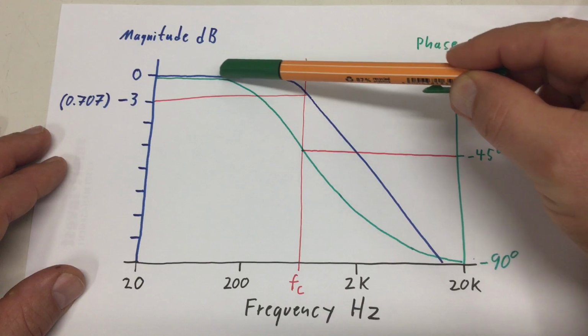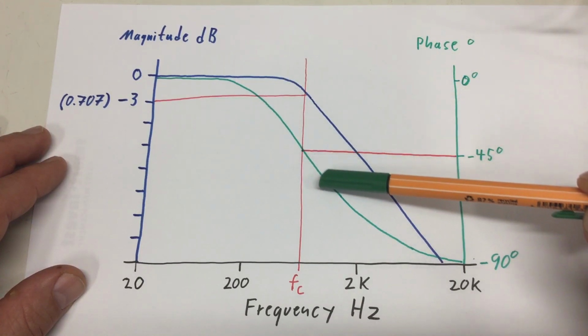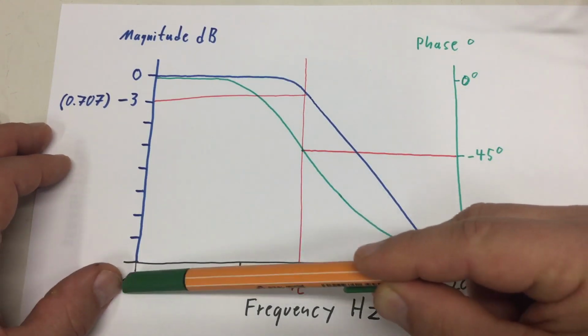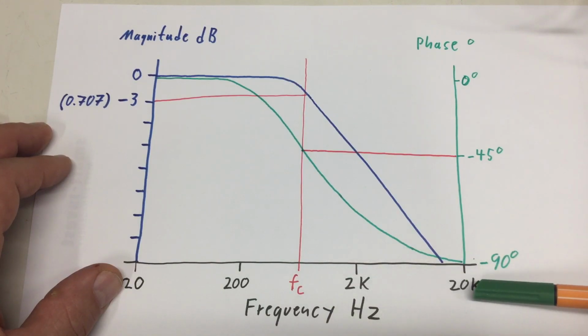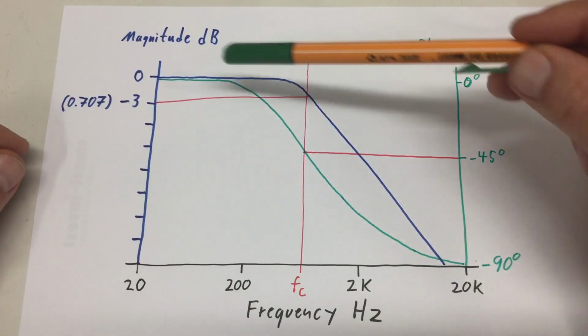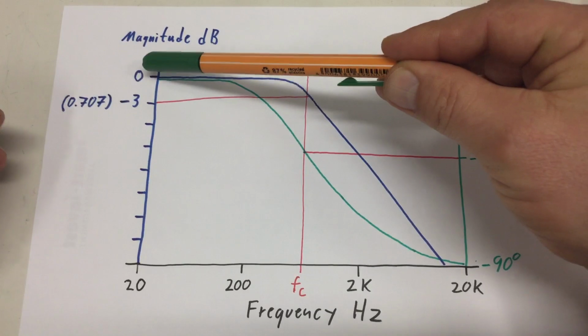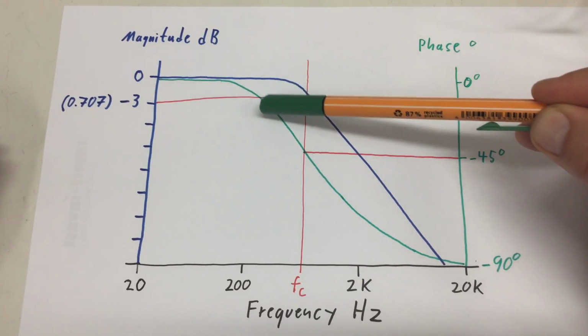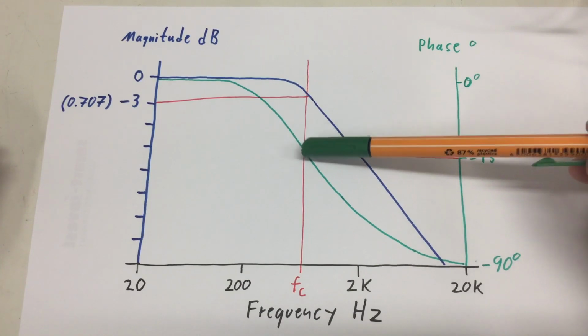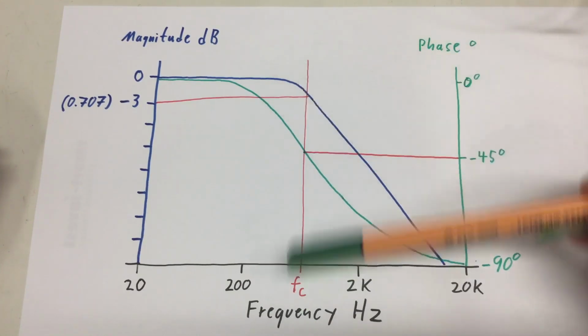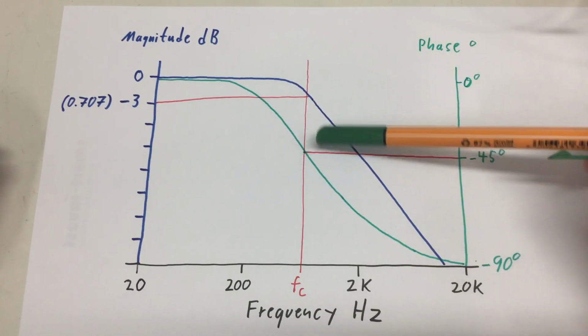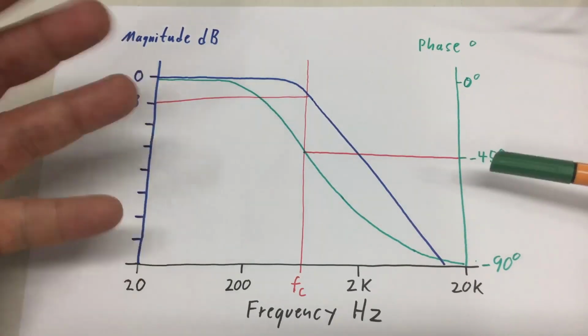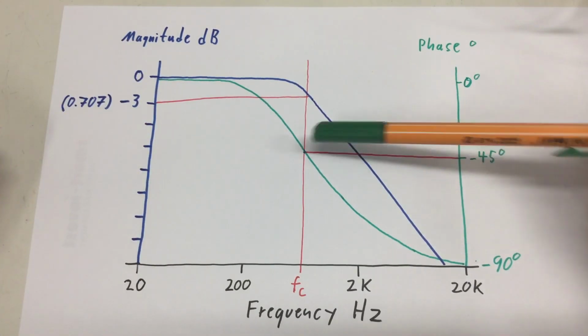At the same time, we have a phase shift that changes while we change the frequency. And for an RC low pass, at the beginning, at low frequencies, the phase shift is 0, and then it increases until we reach the frequency of the low pass. At that point, it should ideally be minus 45 degrees.